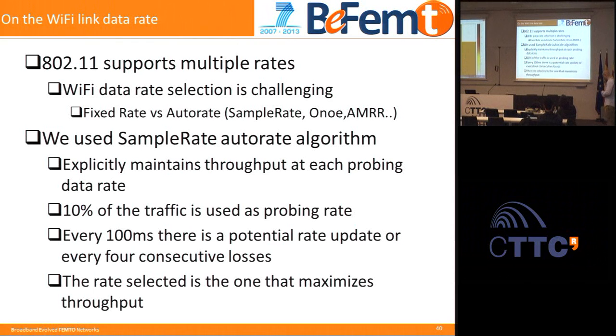Moreover, we wanted to evaluate the impact of the Wi-Fi link rate configuration on this experiment, and we used the sample rate algorithm in order to have an idea of which Wi-Fi link rate should be the most appropriate.